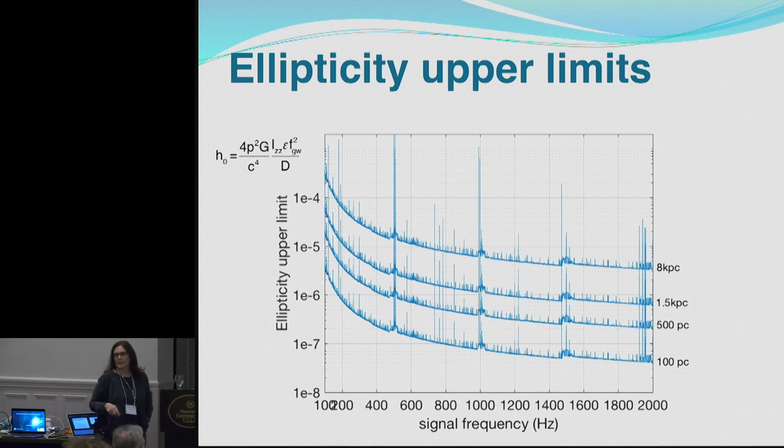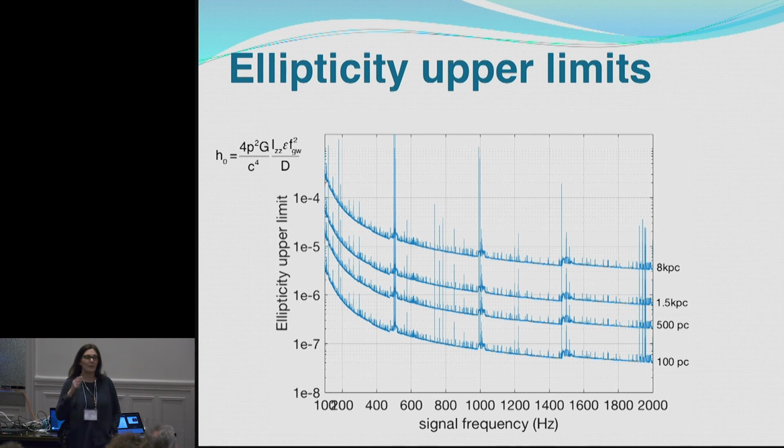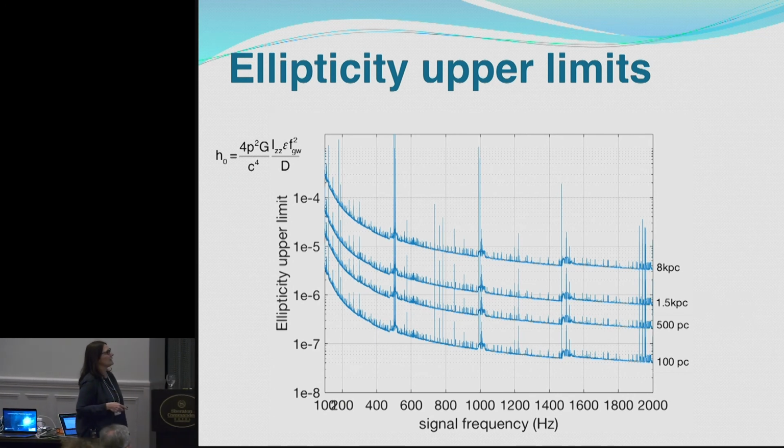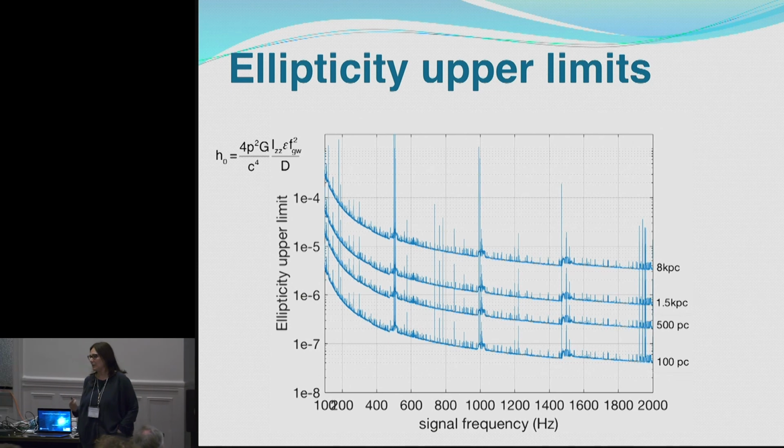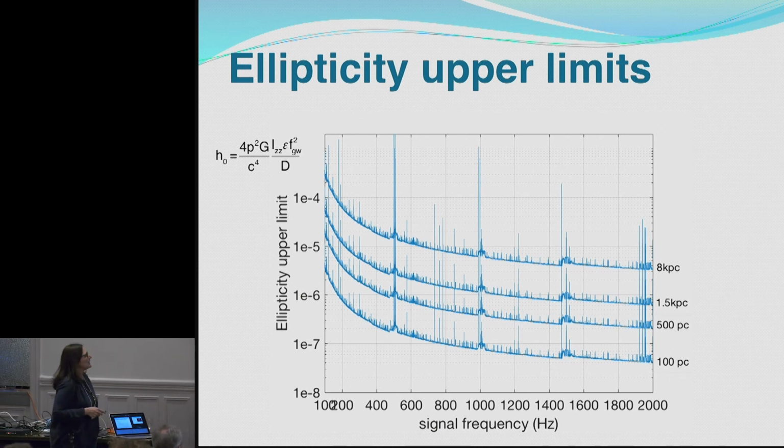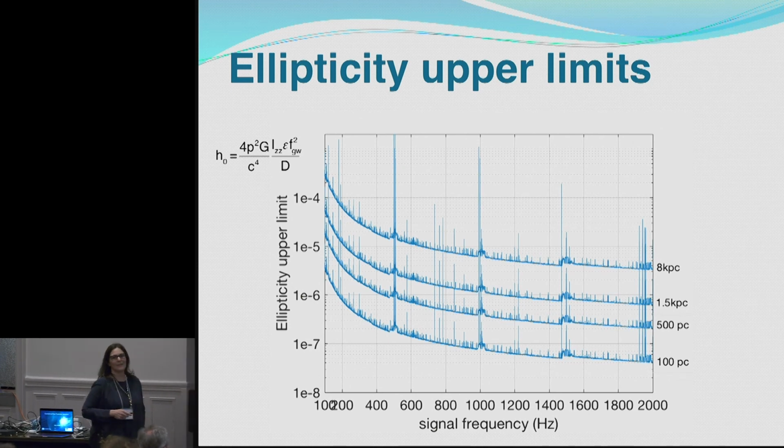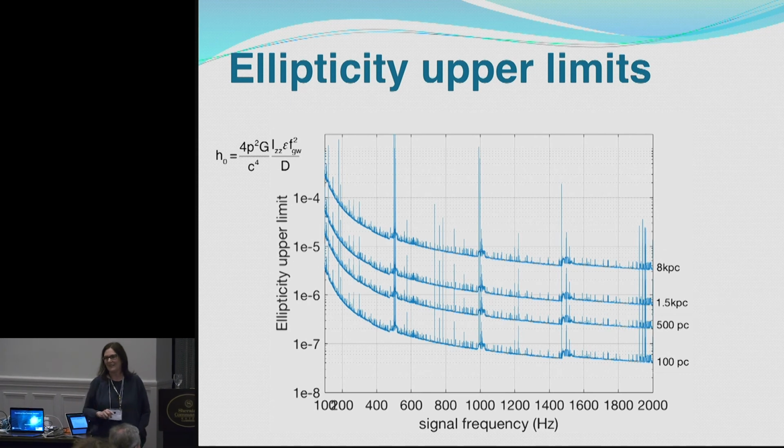So how does this translate into ellipticity upper limits? Now, these are surveys. I'm not targeting specific objects, so I don't know the distance. And so if I have to give upper limits on the ellipticity as a function of the frequency, they'll be parameterized by an assumed distance. And so we see here that our reach, first of all, is absolutely galactic.